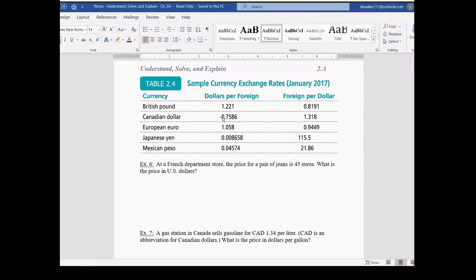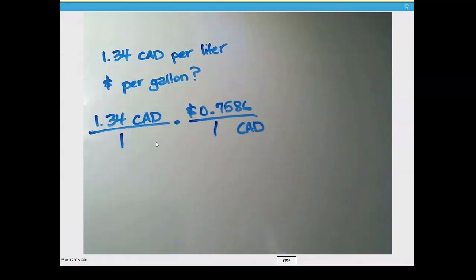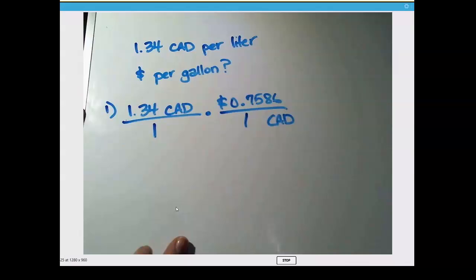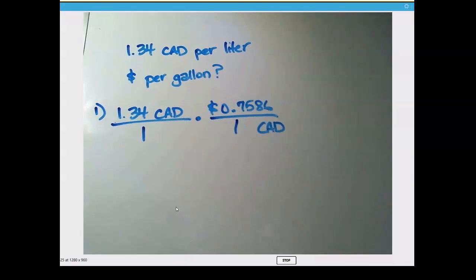The first one is 0.7586 dollars per foreign, and per foreign means per one, so per 1 Canadian dollar. That's the one I'm going to use. I'm not going to do it twice again because there's no point. We don't need to beat a dead horse. All right, so dollars per foreign, dollars per 1 Canadian. This is how it sets up.